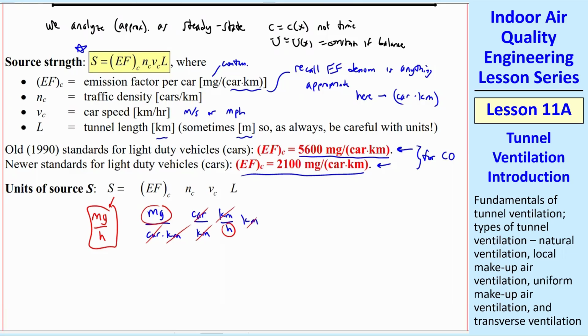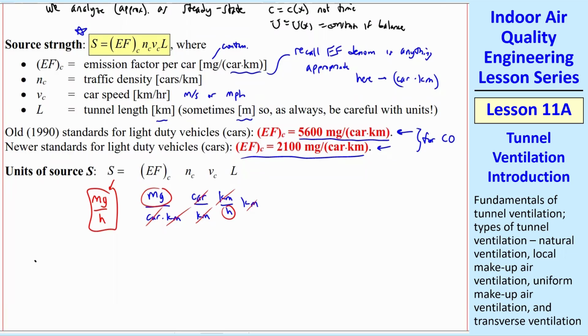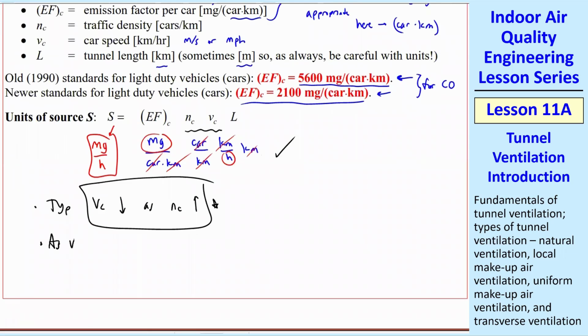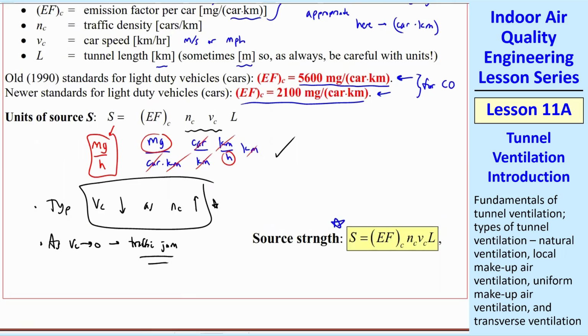If you're driving in a tunnel, the traffic density goes up or down with car speed. So typically VC goes down as NC goes up. And those tend to balance each other out. Higher traffic density makes cars slow down. As VC goes to zero, this would be called a traffic jam. And then this equation that we just used makes no sense because there is no VC.